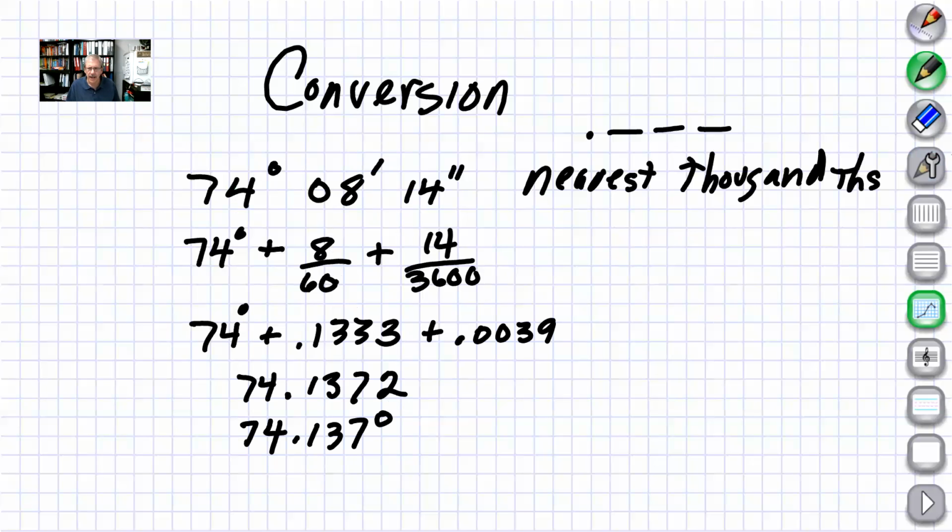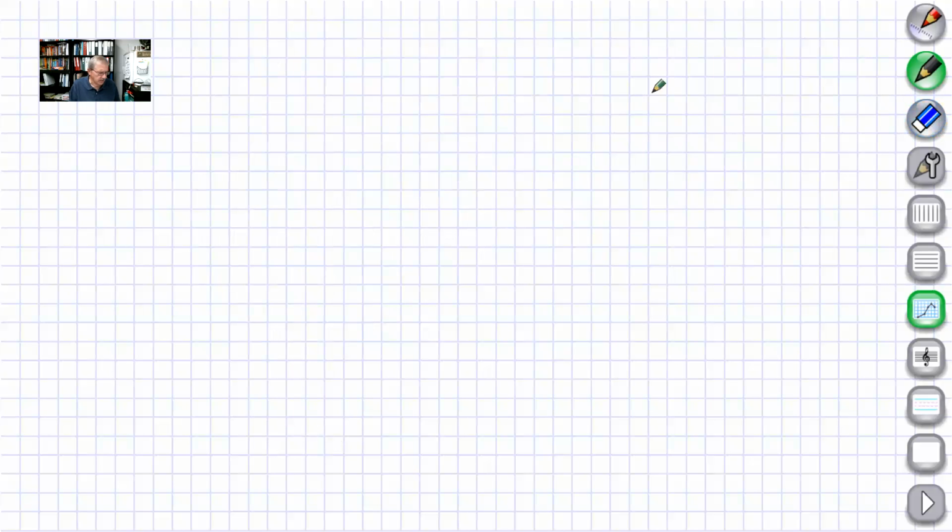So now let's say we have it in degrees, but we want to change it over to minutes and seconds. Why would we want to do that? Well, your property is usually labeled that way, the property line, because you have boundary stakes that are put into the ground, and you have to stay within your boundaries.